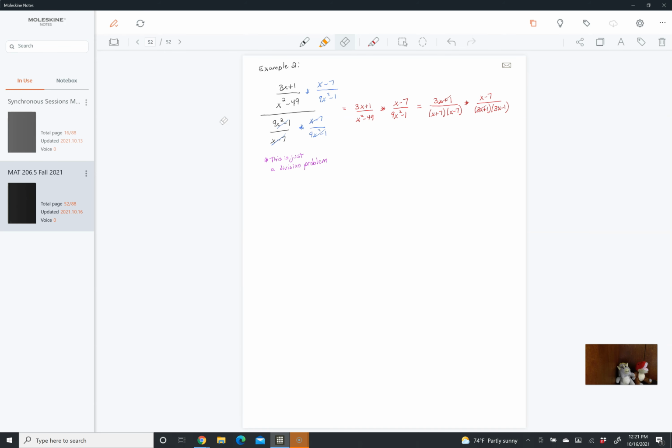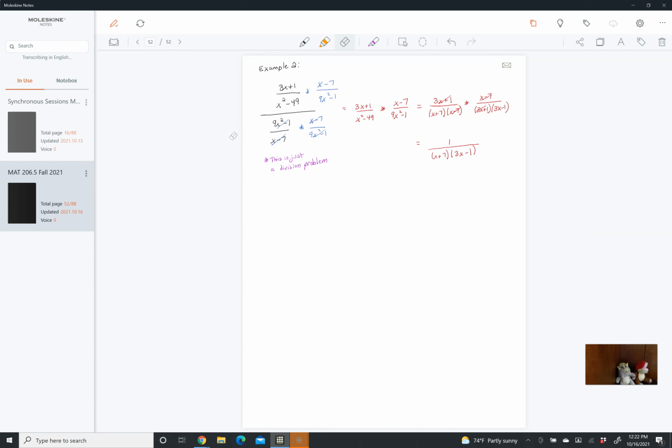So the 3x plus 1 cancels. The x minus 7 cancels. What are we left with? Well, everything canceled in the numerator. So we are left with a 1 in the numerator. So this is just 1 over x plus 7 times 3x minus 1. Okay. If there is no addition or subtraction of fractions in the numerator, there's not all of a sudden going to be addition and subtraction.